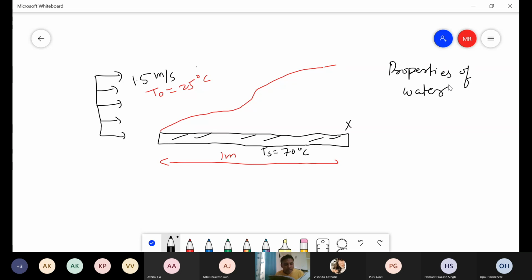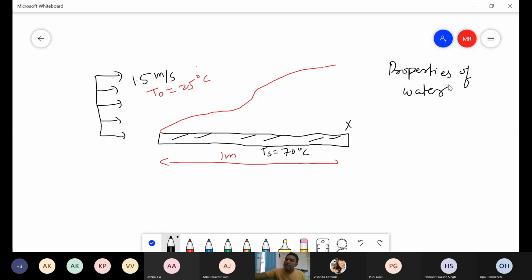Please write down, the value of momentum diffusivity is multiplied by 10 raised to the power minus 6 in the table. Instead of that 10 raised to the power minus 6, it should be 10 raised to the power minus 5. That is the mistake. Okay, please correct that. So momentum diffusivity into 10 raised to the power minus 5 should be the correct thing. Please correct it for the air. For water everything is correct.